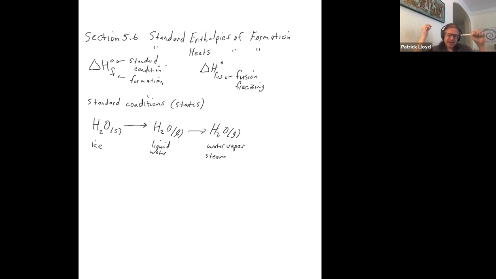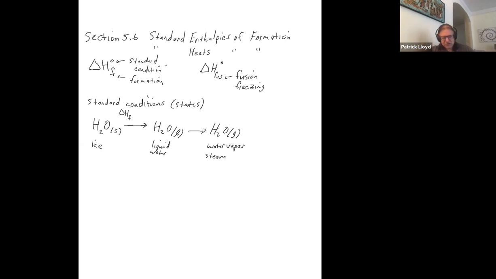Okay. And it turns out it requires energy to undergo transition. So taking ice and converting it to water requires energy. Taking liquid water and converting it to water vapor or to steam also requires energy. And so we typically give names to those. I'm going to call this one delta H F for fusion.